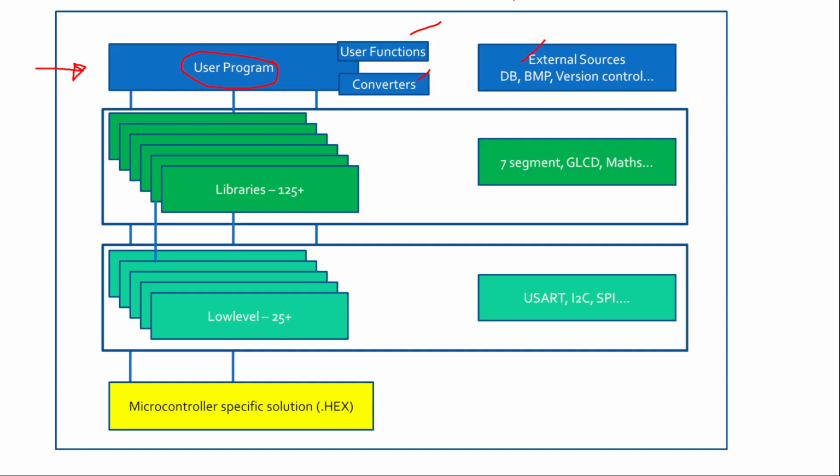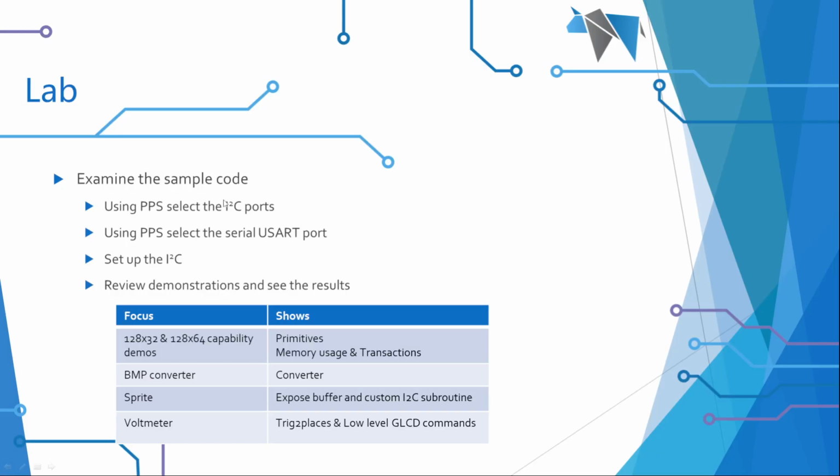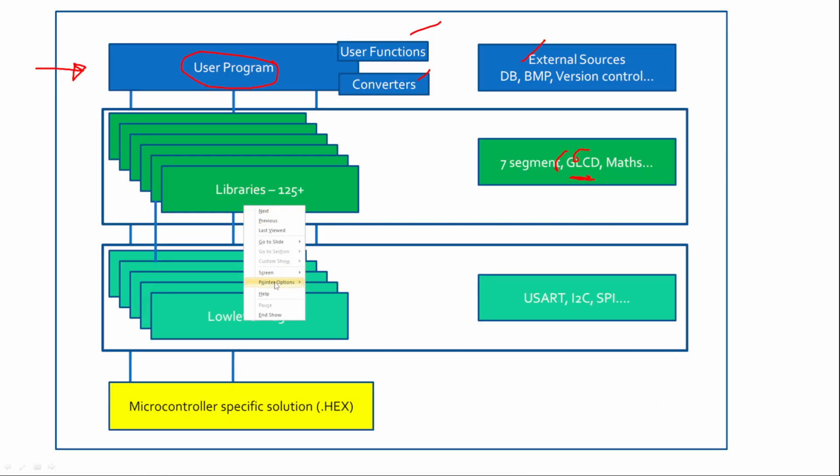The GLCD libraries. And there's libraries. There's 125 different libraries. And a library, you include it. You use the hash include, and it pulls it in.